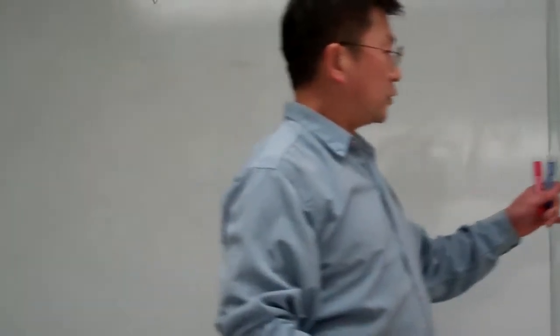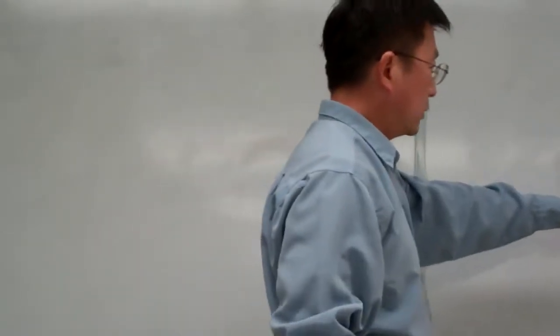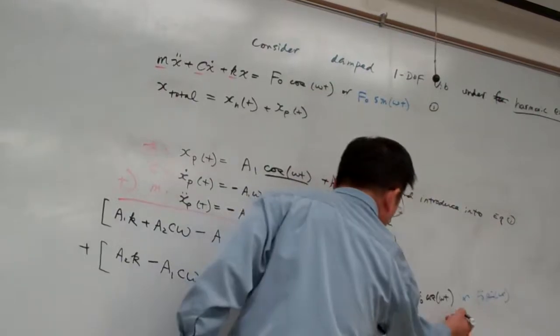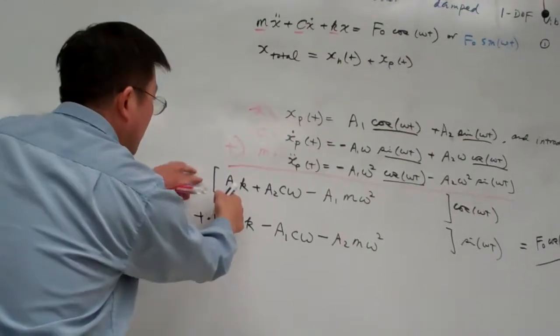Okay, so now we simply compare the coefficients. Right now, let me say the left-hand side equal to that form. So we compare the coefficient of the cosine and sine. Let me do this, it will be easier. This form will be equal to F naught.